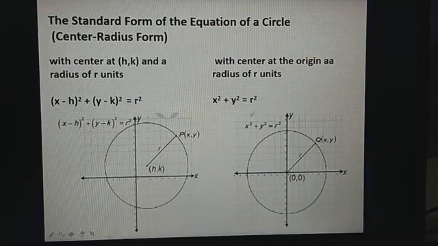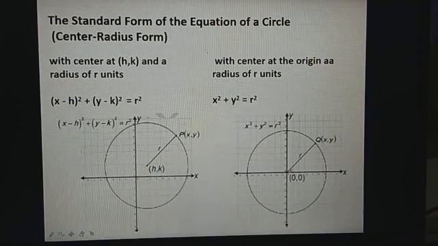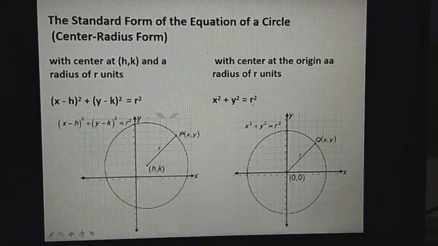Ito ay sa kadahilanan na ang ating center point of the circle is at the origin and it represents the coordinates (0, 0). So, ibig sabihin, the value of h is 0 and the value of k is 0 since our center point is at the origin. So, we will not use h and k in our equation.